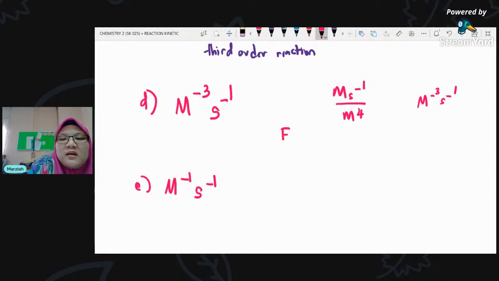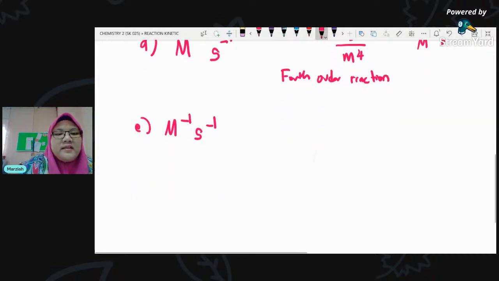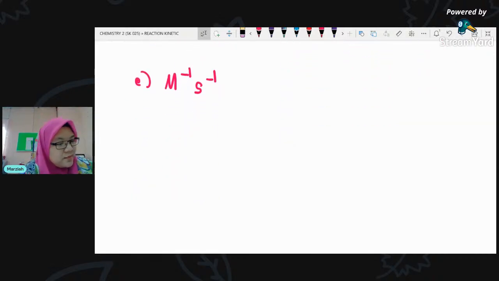So this is a fourth order reaction. And try the last one, M^-1 s^-1. What is the order of the reaction?